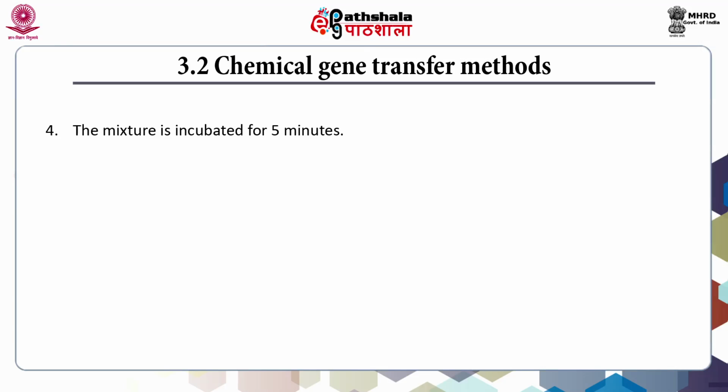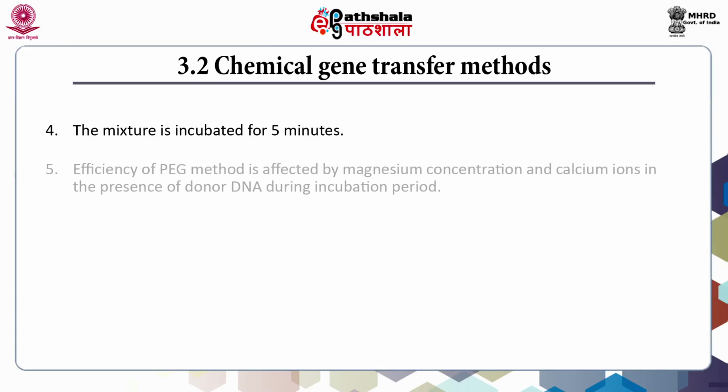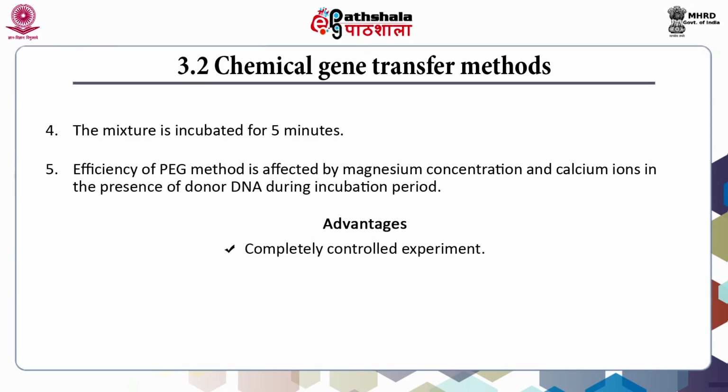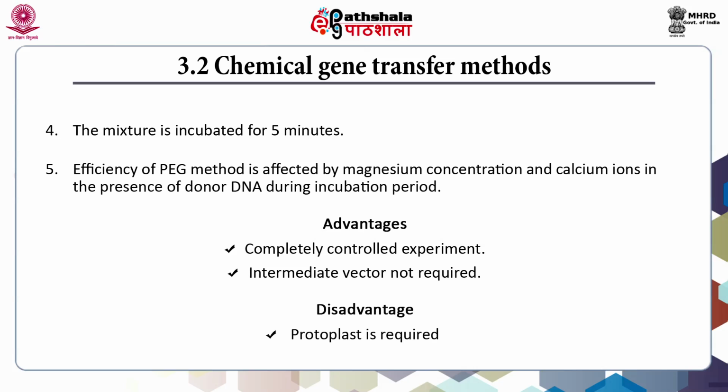The mixture is incubated for 5 minutes and the efficiency of the PEG method is affected by magnesium concentration and calcium ions in presence of donor DNA during the incubation period. The advantage of this method is that it is a completely controlled experiment and intermediate vectors are not required. The only disadvantage is that protoplast is required.